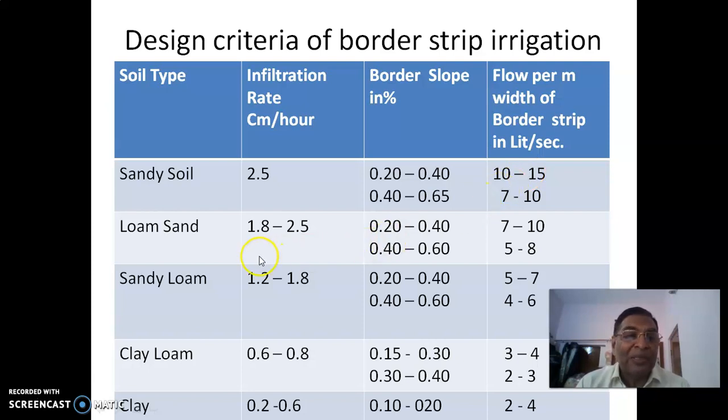Same is the case with loamy sand. More discharge for lesser slopes and a little less discharge for steeper slopes. Likewise for all the soils.